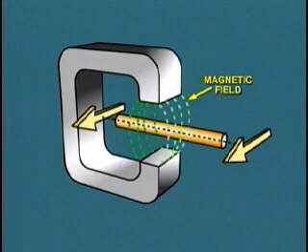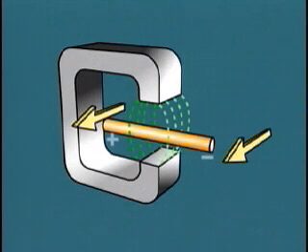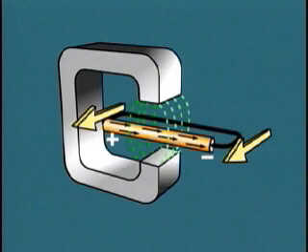That is, the conductor must be moved by the mechanical prime mover so as to cut across the magnetic lines of force. When the conductor is moved so as to cut lines of force, a voltage is created in the conductor and current will flow if the two ends are connected together to complete the circuit.